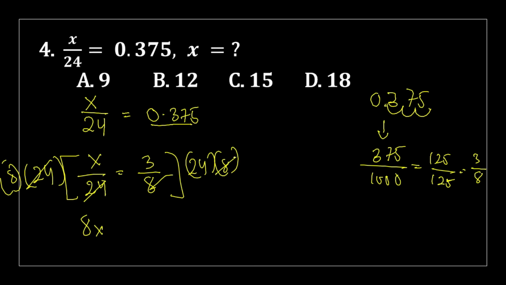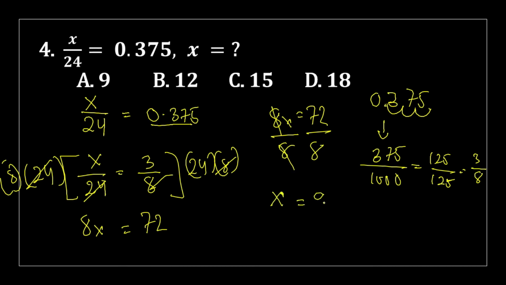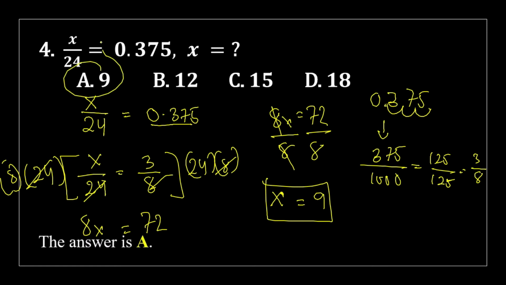Cancel 8. 24 times 3 is equal to 72. Now we have the equation 8x is equal to 72. To eliminate the 8 here, we need to divide both sides by 8. Cancel this, then x is equal to 9, because 9 times 8 is equal to 72. So therefore, our answer would be letter A. So that is the value of x.